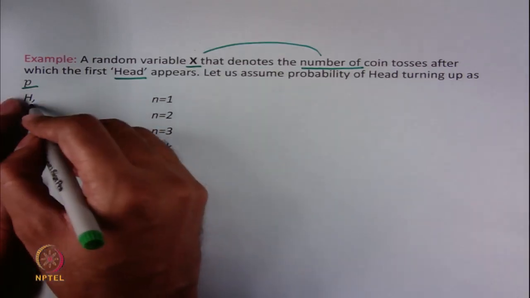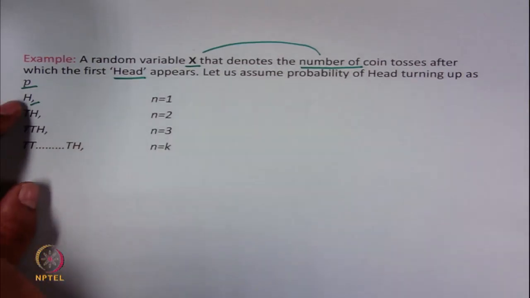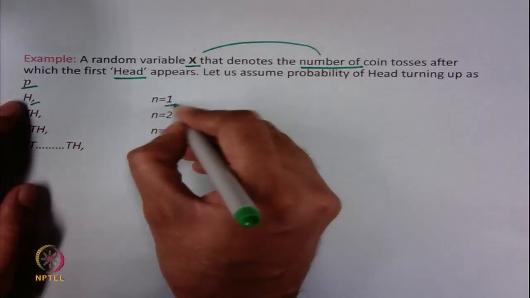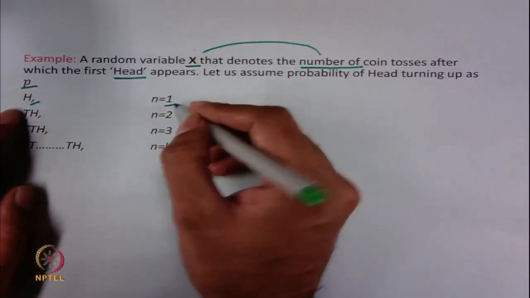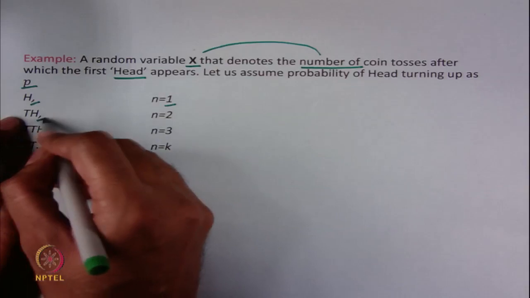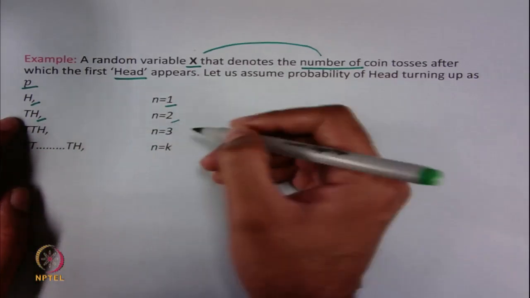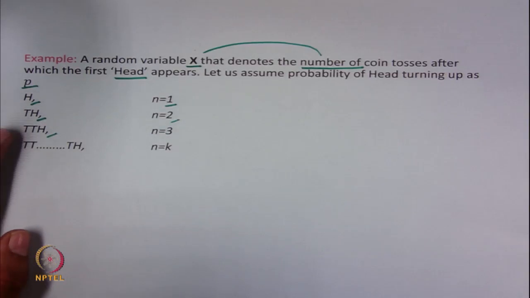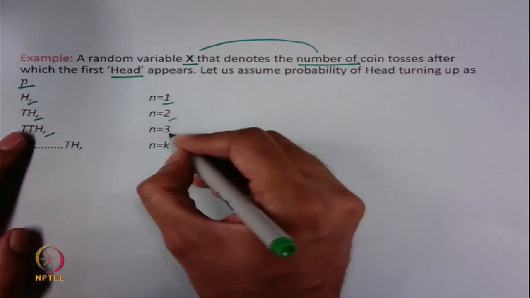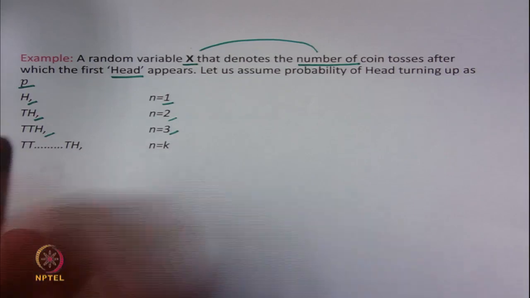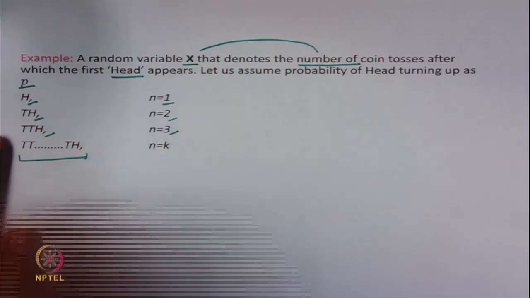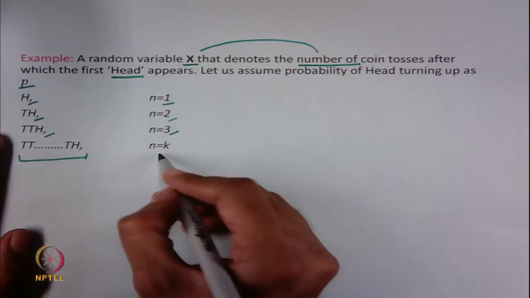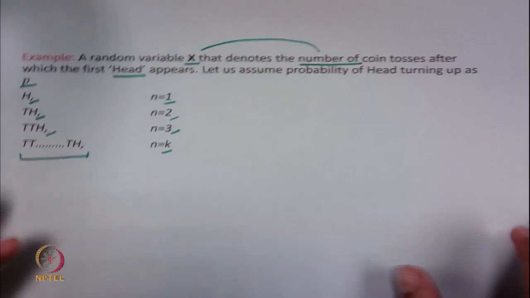For example, if you get a head in the first toss, the random variable takes the value 1. If you get a head in the second toss, the random variable takes the value 2. You might get a head in the third toss where the random variable takes the value 3, or you might get it in the kth toss where the random variable takes the value k.